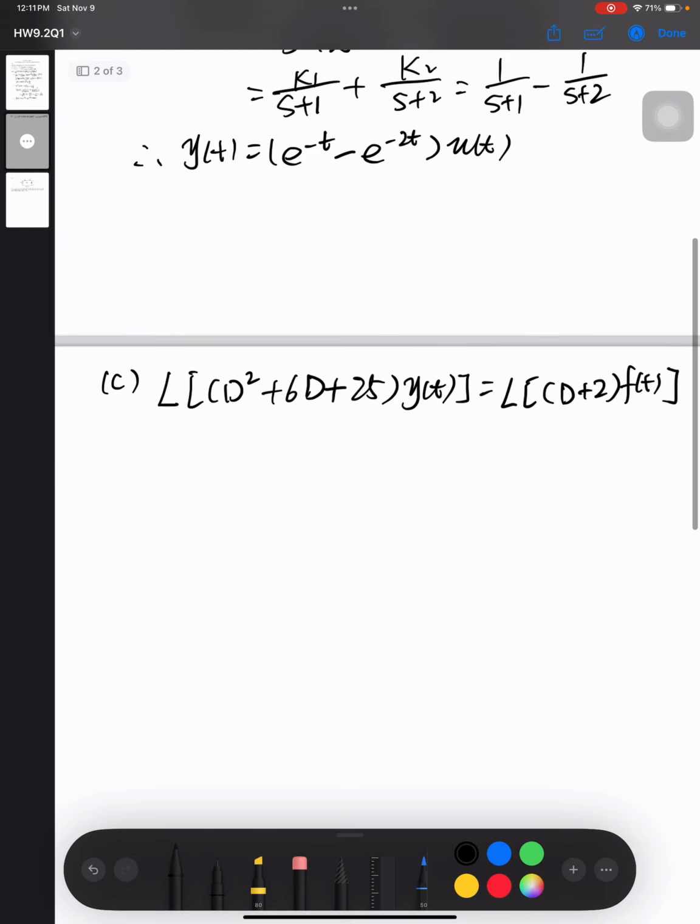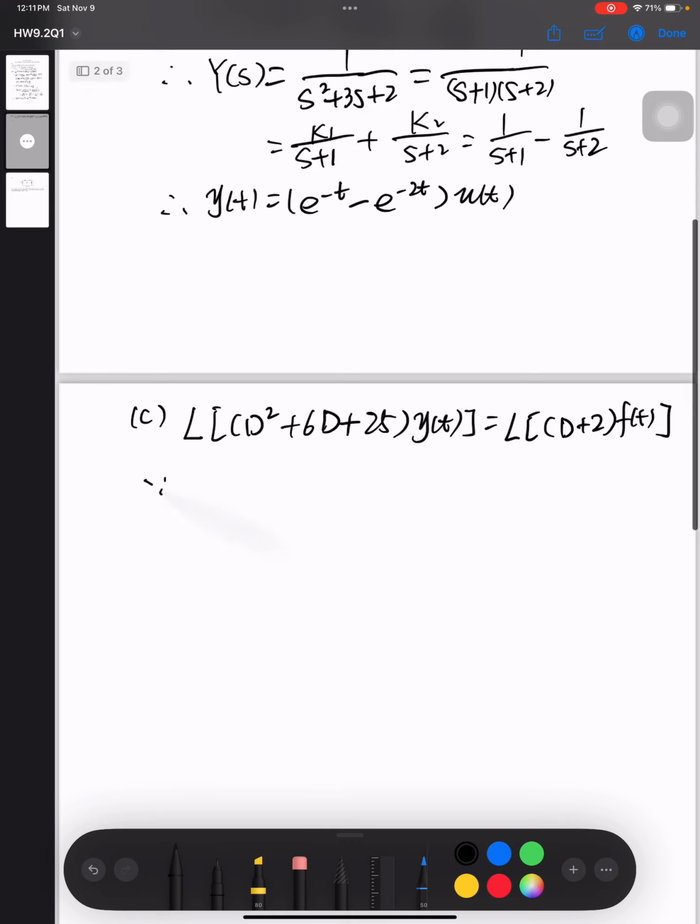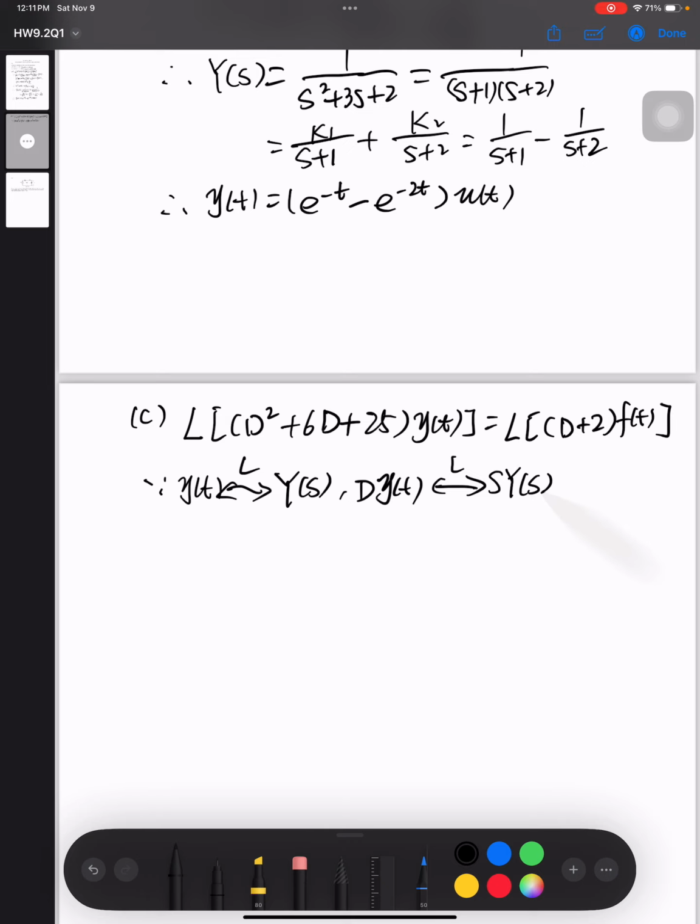So we do the same thing, because the Laplace transform of y(t) is capital Y(s), and the Laplace transform of y'(t) is sY(s) minus y(0), the initial condition. And for the second derivative, the Laplace transform is s squared Y(s) minus s y(0-) minus the derivative y'(0).